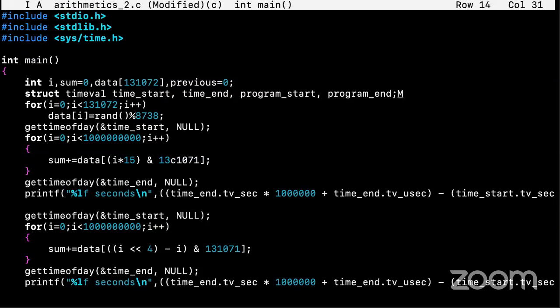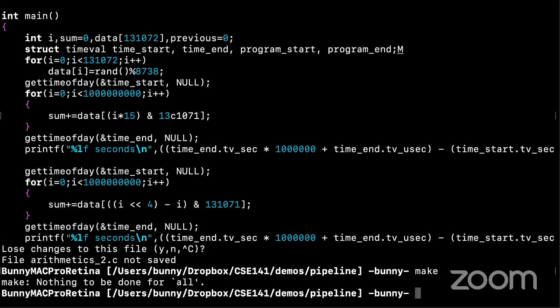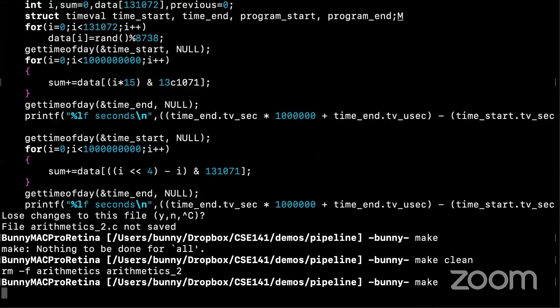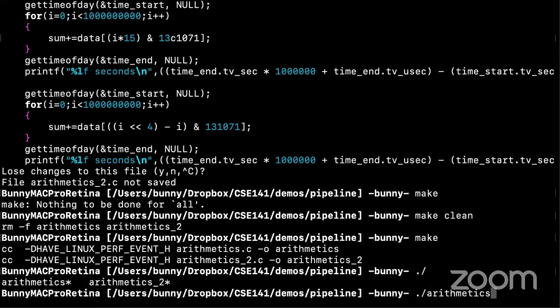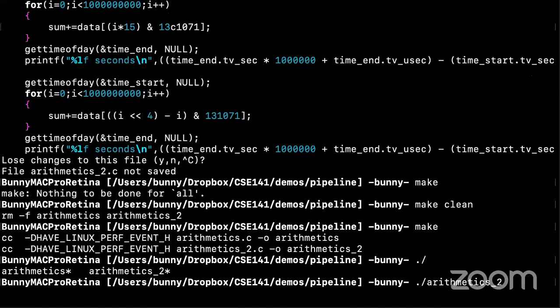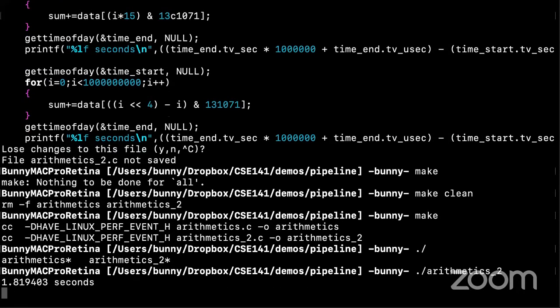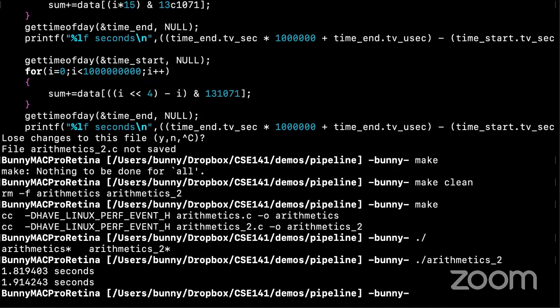Now let's compile the program and run it on my machine. The first timer will be the multiplication, and the second timer will be the shift and minus. What did you see?